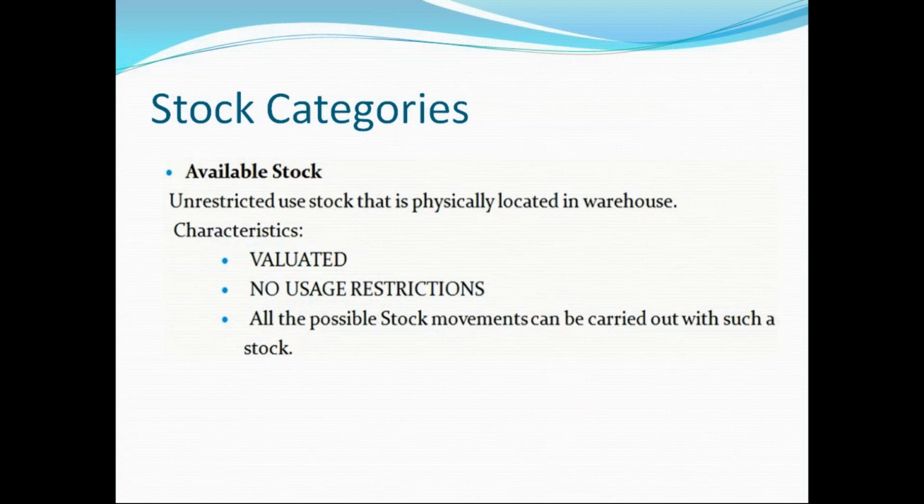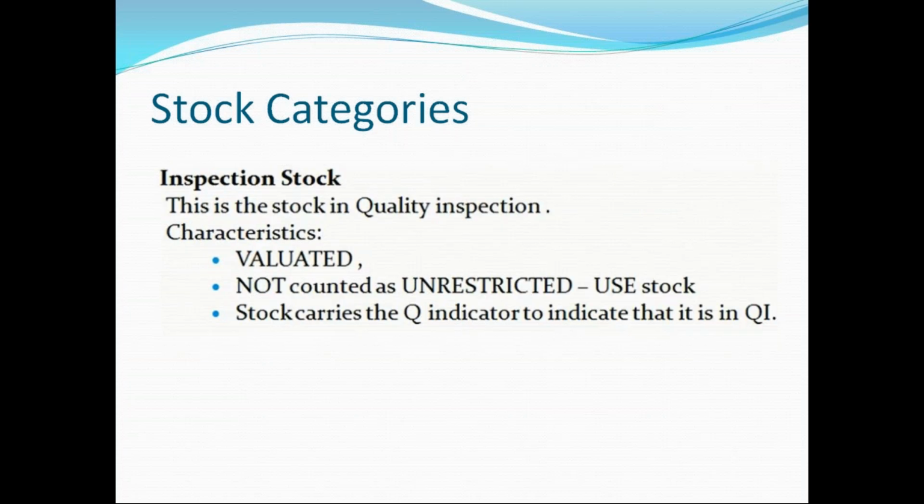Then all the possible stock movements can be carried out with such a stock. So here we understand that if the material is unrestricted, there won't be any restriction for any movements. So it is better that all the movements should be done using the unrestricted materials.